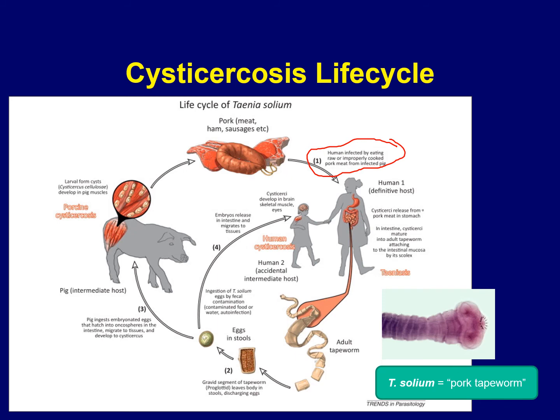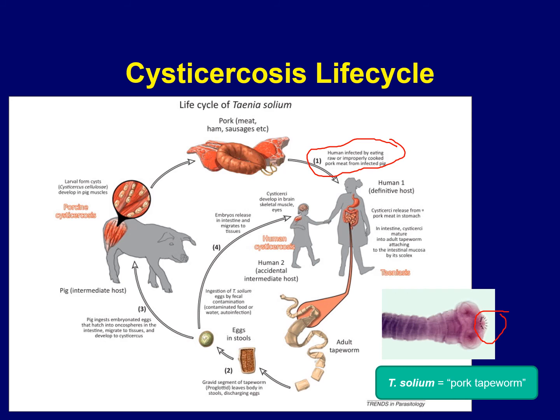And the scolex are these kind of suckers you see here. But this tapeworm, the adult tapeworm, can grow to be very, very long in the human digestive tract. And what happens is that the tapeworm begins to shed eggs that are in the human's stool.